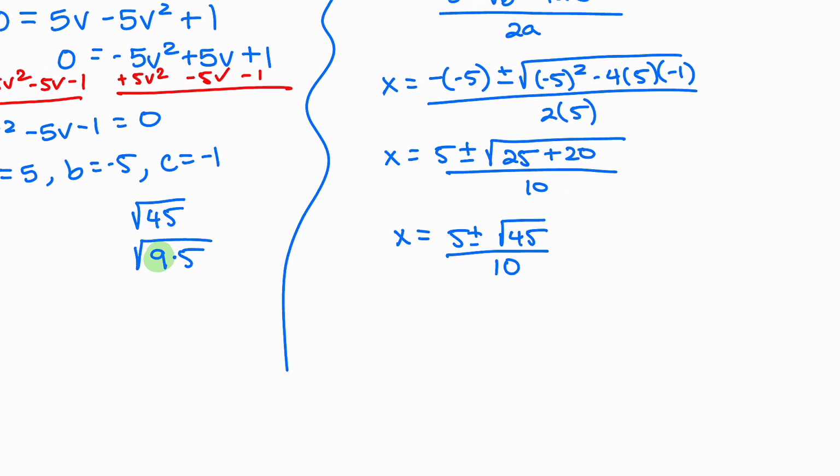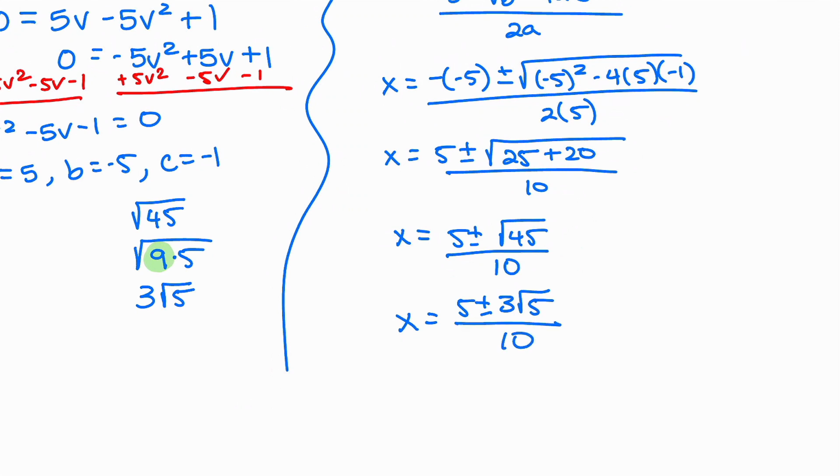I know the square root of 9 is just 3. I still don't know the square root of 5, so I'm going to leave it as square root of 5. So this becomes x equals 5 plus or minus 3 times the square root of 5, over 10.